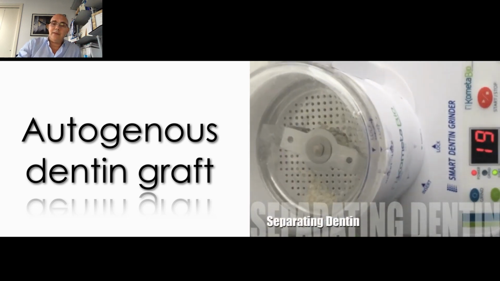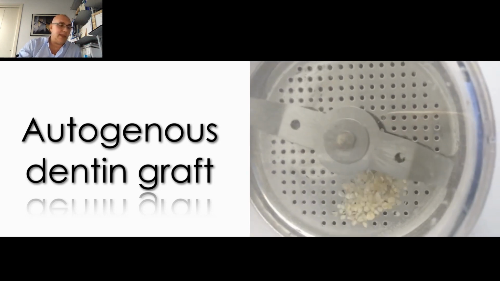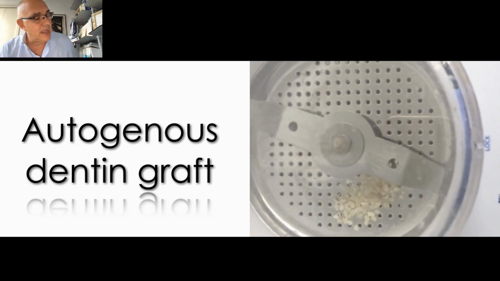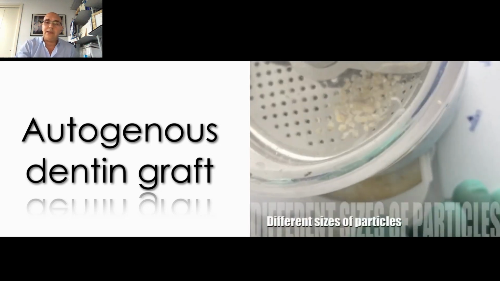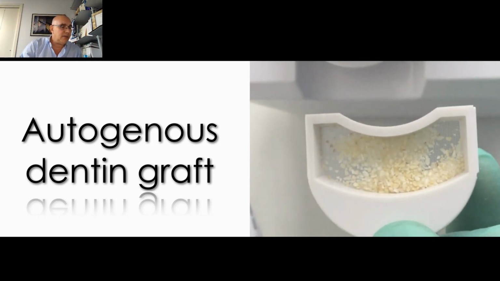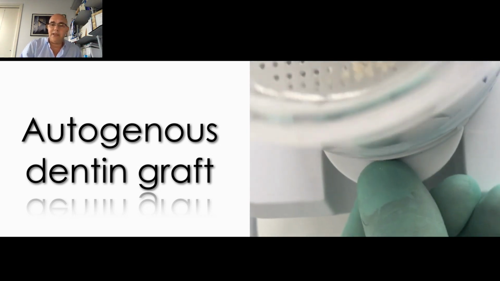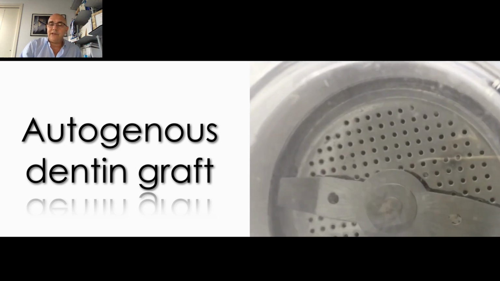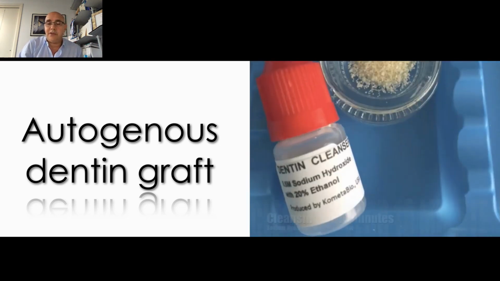And then you see there is a new movement, and you can see there is a separation between the enamel that remains in the grinder and the dentin that is collected in the chamber underneath. Now you have two different chambers, so you can have finer and coarser particles of dentin. So it will be up to you to decide which one is more effective for the graft that you have to do.